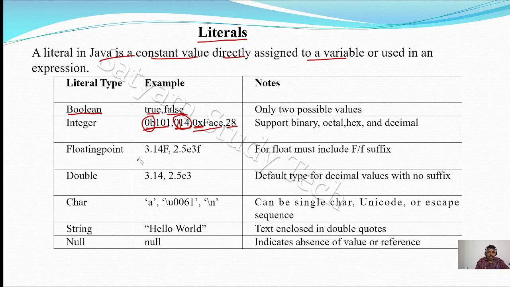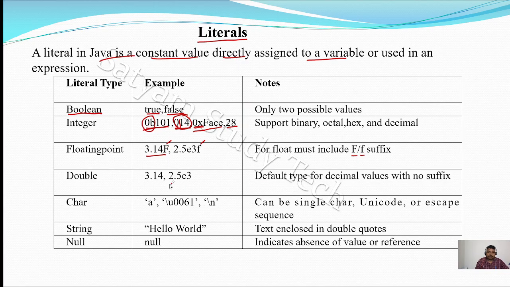Floating point literal: 3.14f, with the suffix either capital F or small f. Anyone can use either. For float you must include the suffix capital F or small f, as I discussed in a previous video.